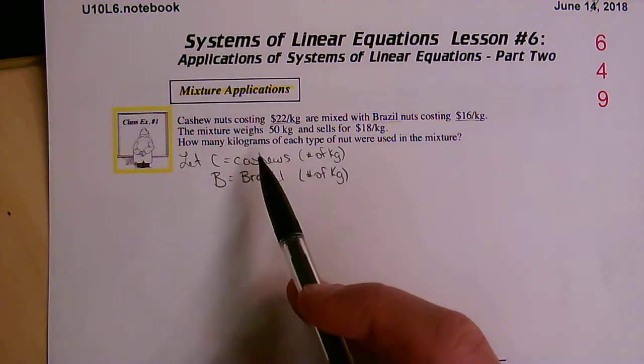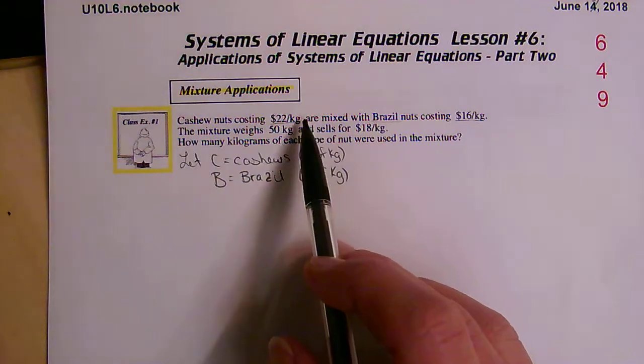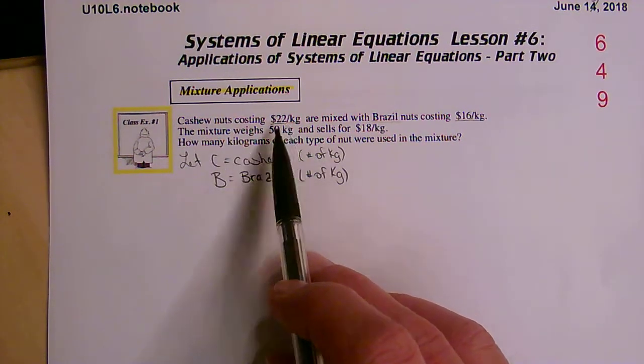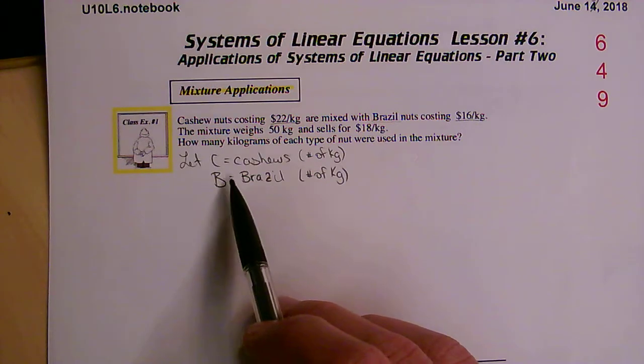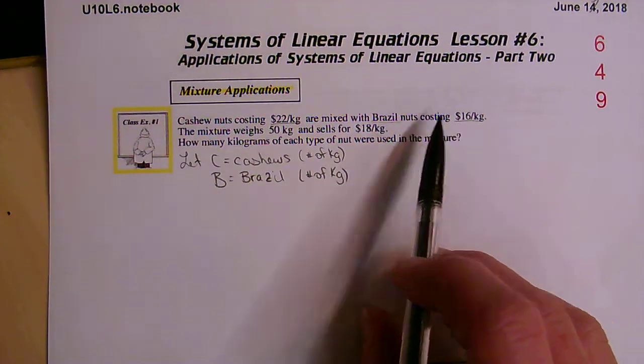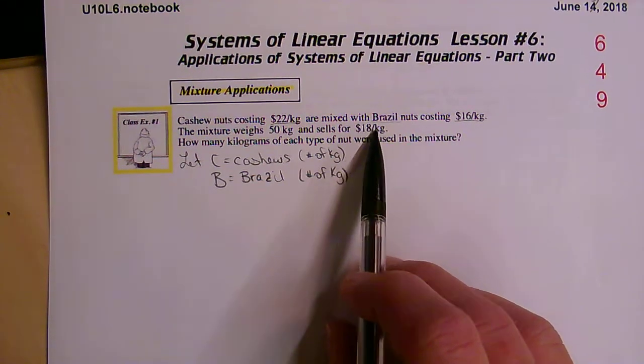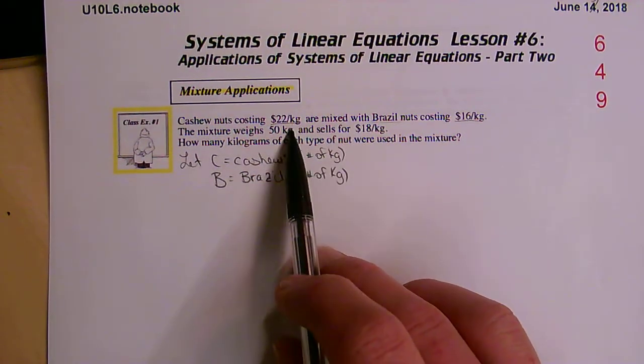Okay, so from that information, we know that the amount of cashews, which are worth $22, are mixed with the amount of Brazil nuts, which are worth $16, and that totals $18 per kilogram for that 50.